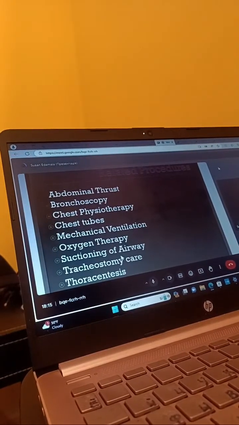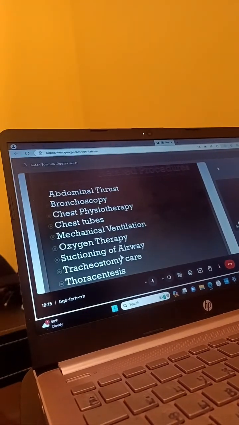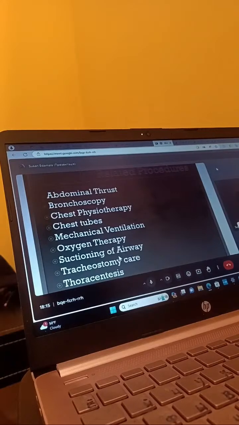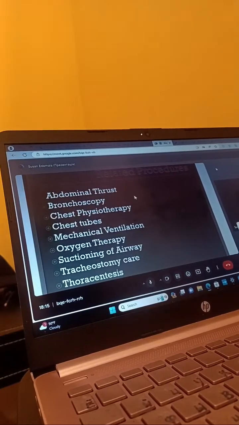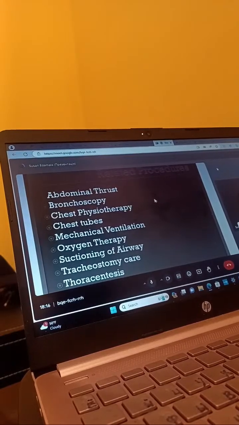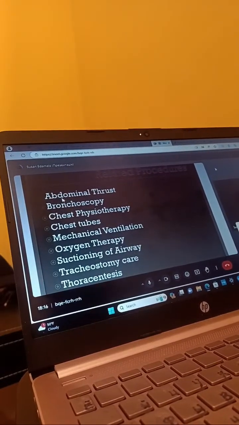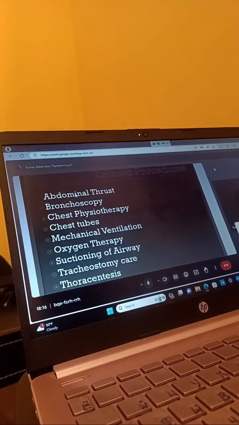You know, Heimlich maneuver. Same, it's called abdominal thrust. It's not massage. Massage is cardiac massage, CPR, which is different. This one is to dislodge the food that is stuck in the throat, and that's called abdominal thrust.